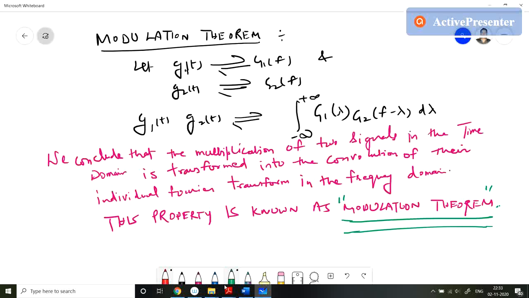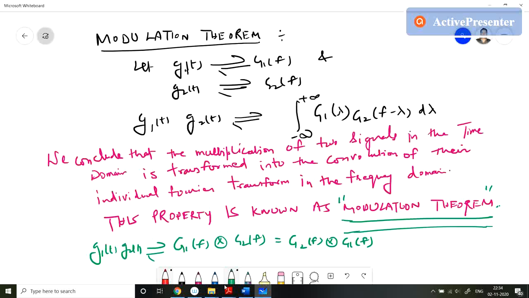So if we have g1(t) multiplied with g2(t), the Fourier transform is G1(f) convolved with G2(f), and that is also equal to G2(f) convolved with G1(f).